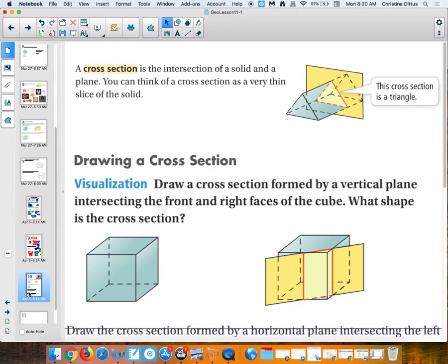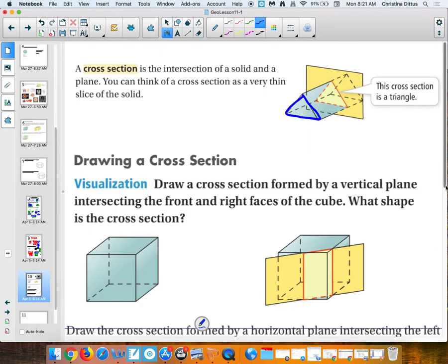I think you do that in science sometimes, though. There's like cross sections of like fronds or something. So if I cut this parallel to my bases, you'll always have the same shape as your base. Notice this little dash thing is a triangle, just like my base is a triangle.